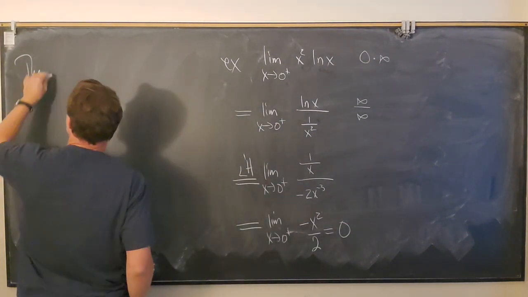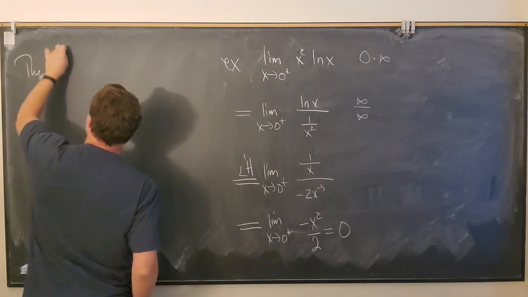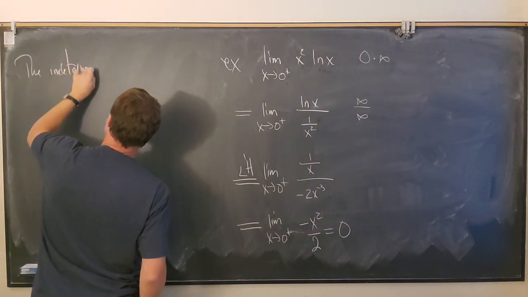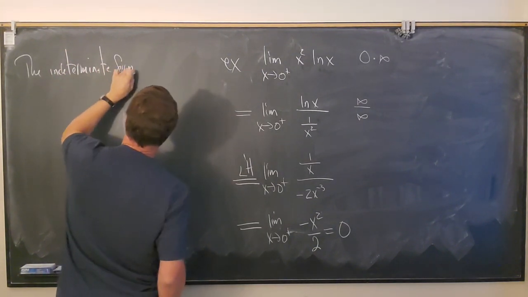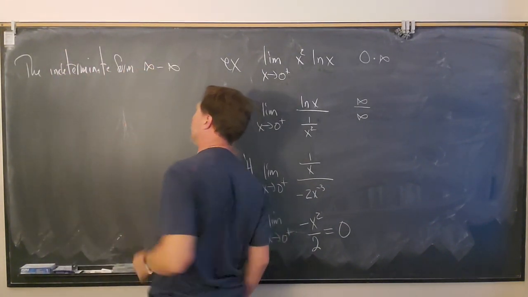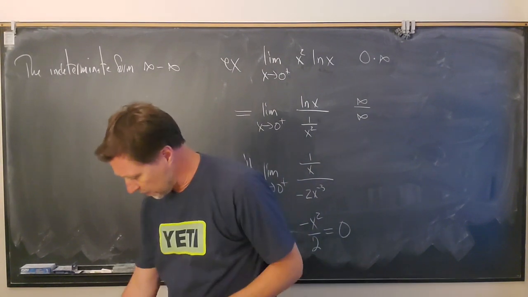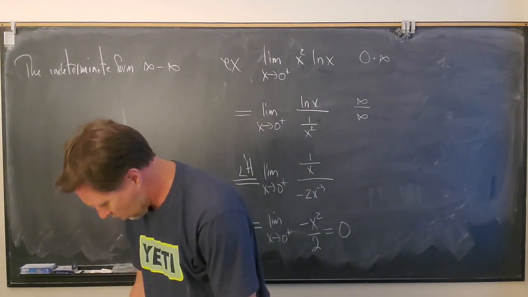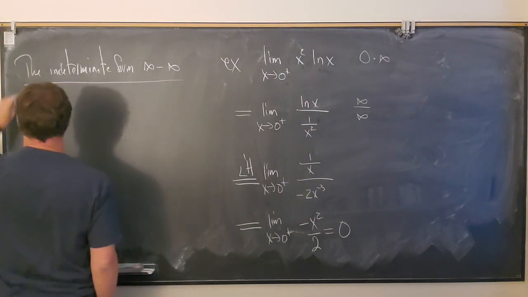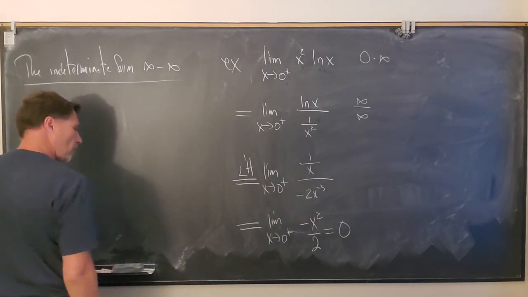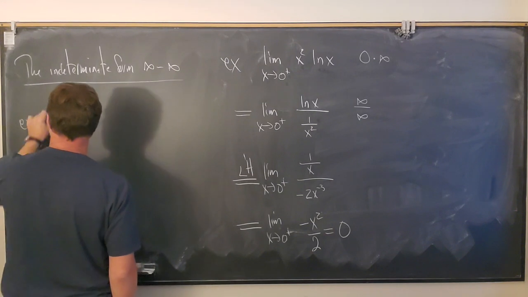The next one we have is the indeterminate form infinity minus infinity. So let me just give an example. There's no cut and dry way to do this. So let's just look at this first example here.